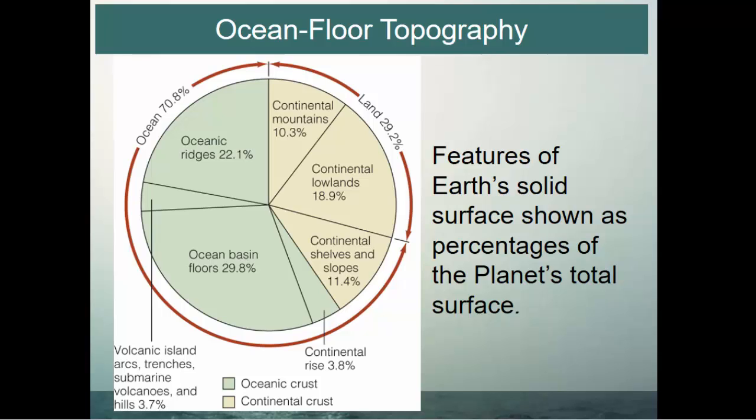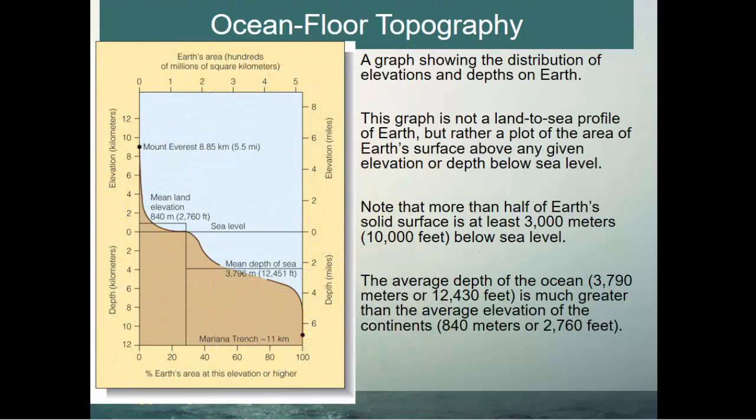And then 30% are ocean basins, about 22% are the ocean ridges, and volcanic island arcs, submarine trenches and volcanoes make up about 4%. So about 70% of the globe is ocean, and about 30% is land.